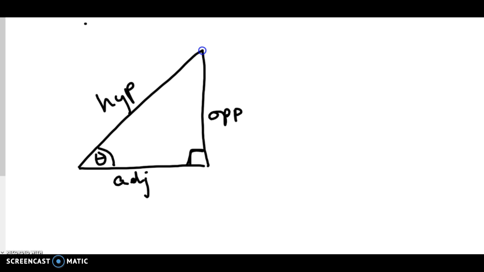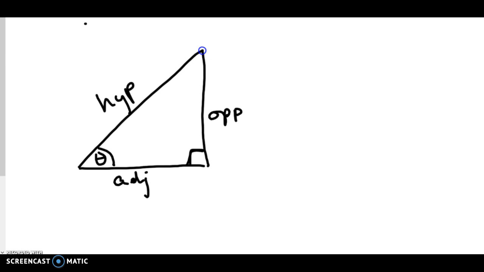Using the lengths of the 3 sides, you can form the 6 ratios that define the 6 trig functions of an acute angle, acute, less than 90, in the following way. We have sine, cosine, tangent, cosecant, secant, and cotangent. We're going to be getting into quite an in-depth study of these 6 ratios.